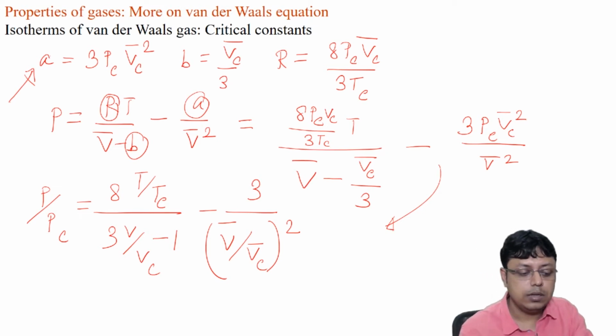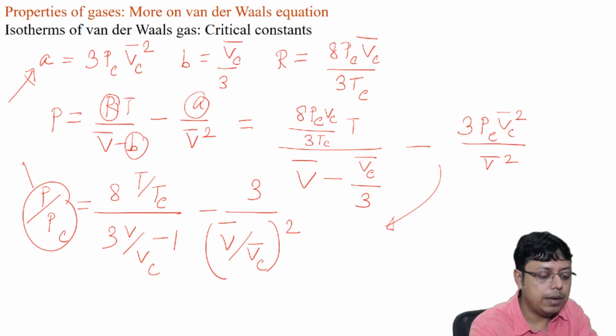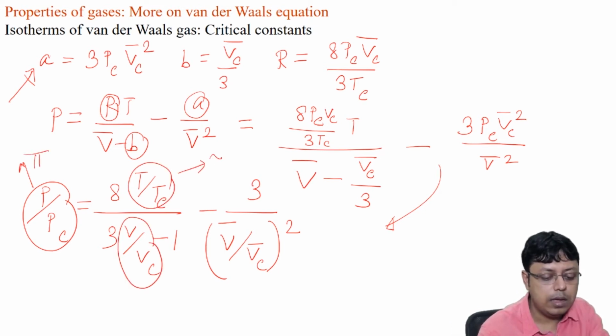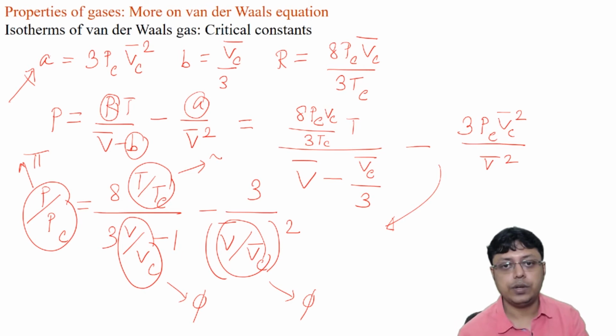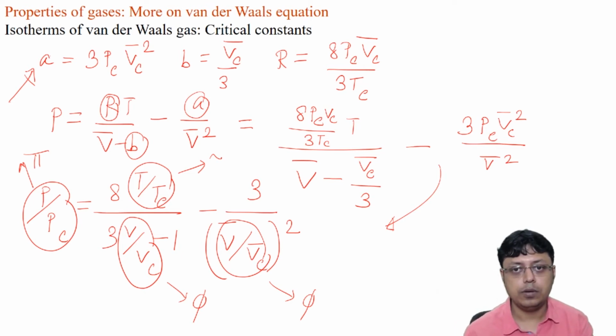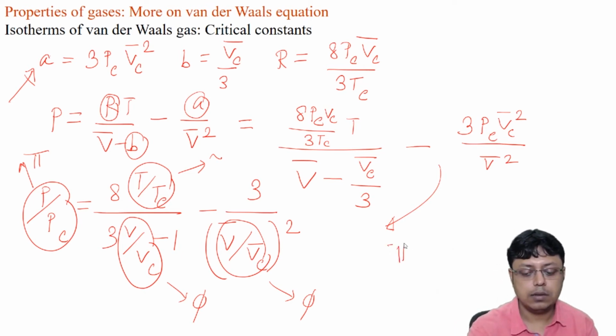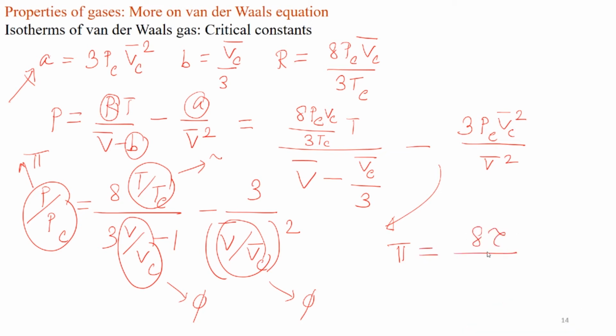Now, if we denote these quantities by pi, tau, and phi respectively, we can write the van der Waals gas equation in a very compact form, which reads as pi is equal to 8 tau divided by 3 phi minus 1 minus 3 divided by phi square.